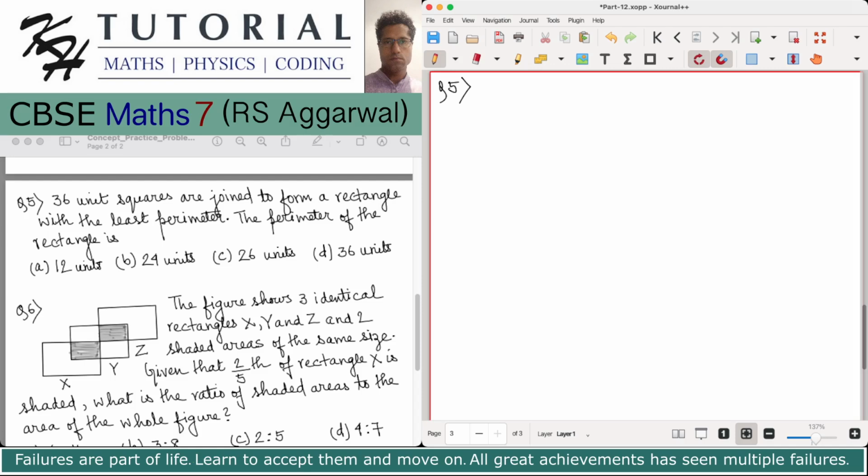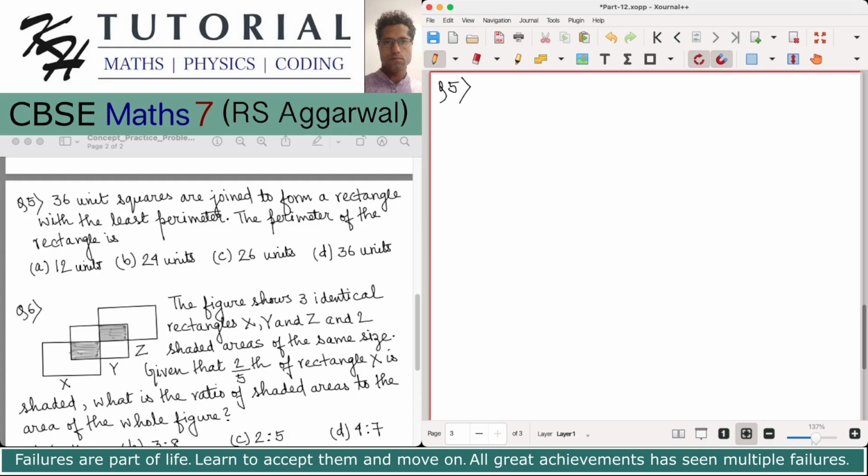The perimeter of the rectangle is with the least perimeter.